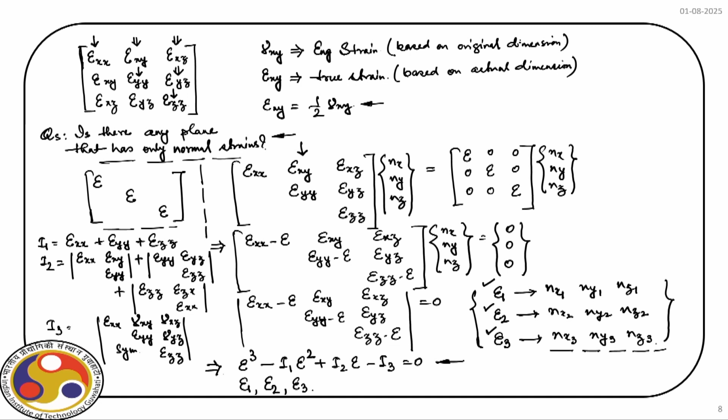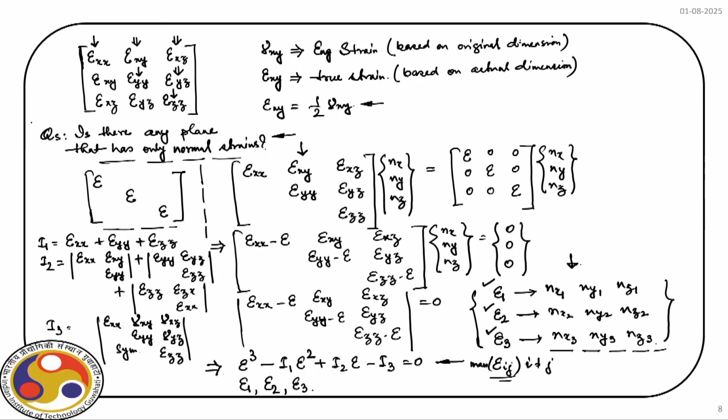If you draw the Mohr circle for this 3D strain field, you can easily find it out. We will solve some example in the next class and we will see how we can easily find out epsilon ij, i not equal to j, then it becomes shear strain, and maximum of that. So, max of this quantity. That we will solve some example using Mohr circle and we will find out, right.